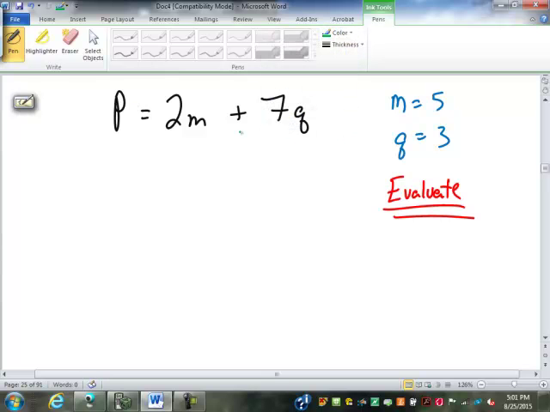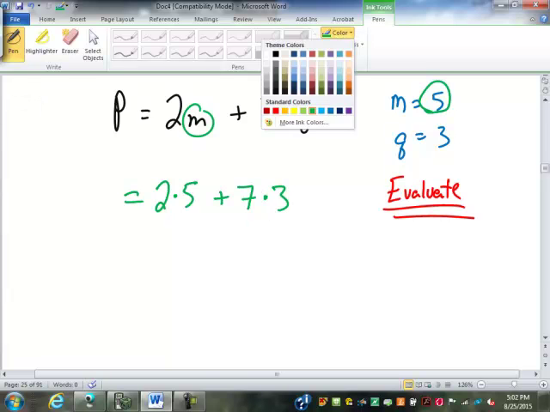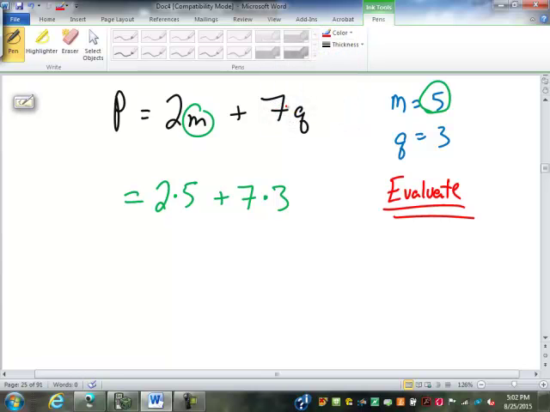We're going to do what with the M here? Yeah, we're going to replace it with 5 because M equals 5. So this is going to become 2 times 5 because it's 2 times M, plus 7 times Q becomes 3, 7 times 3. And now this is simply an order of operations problem like we've had before.